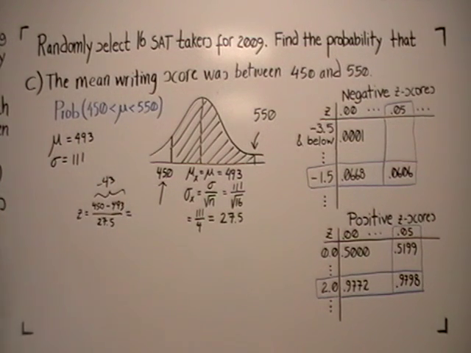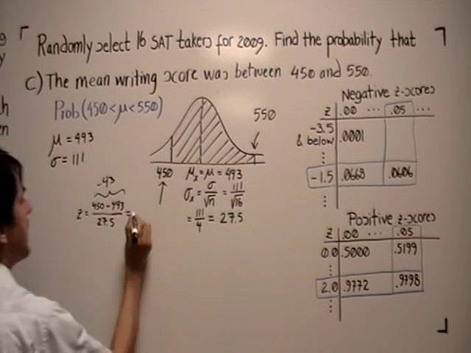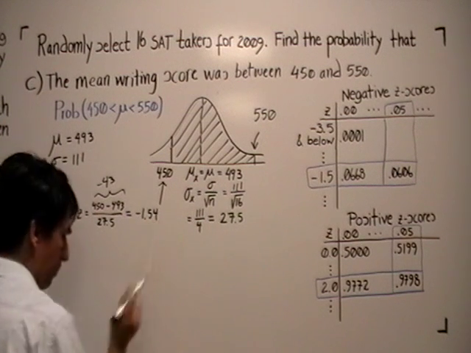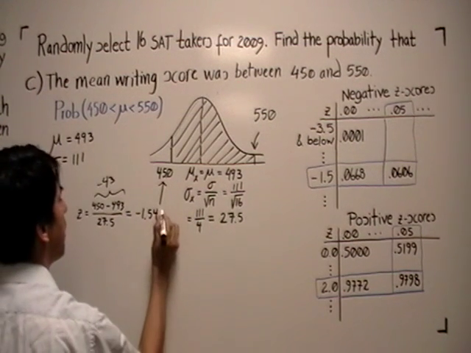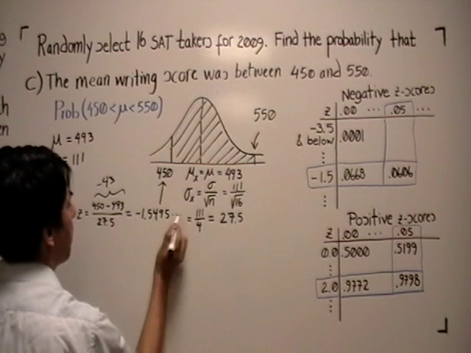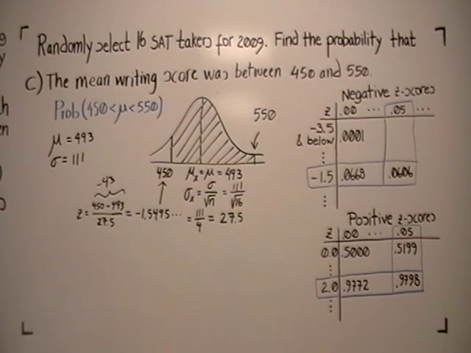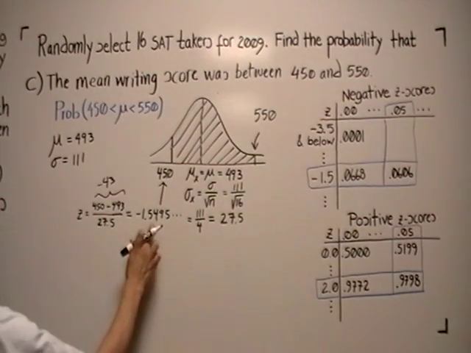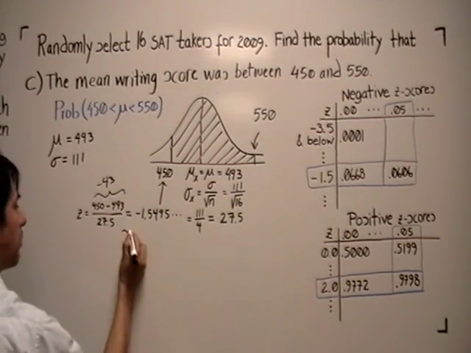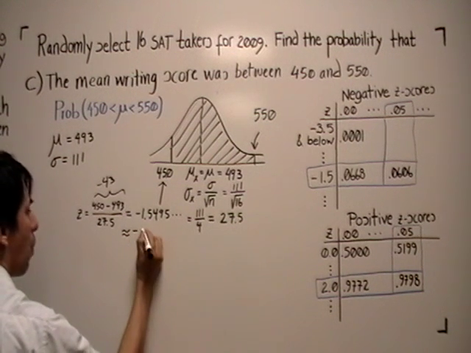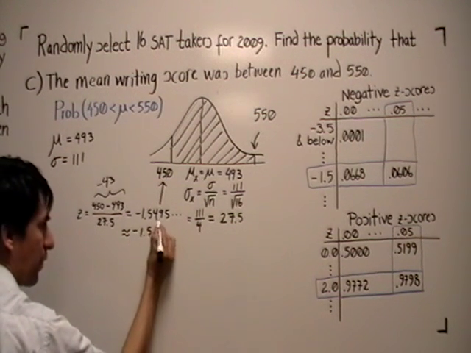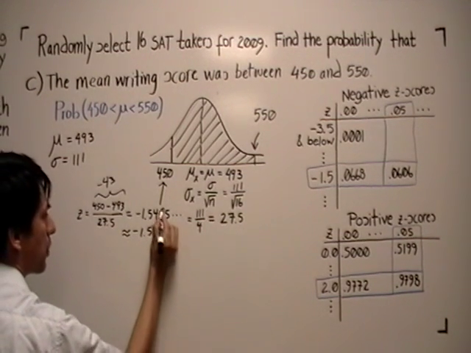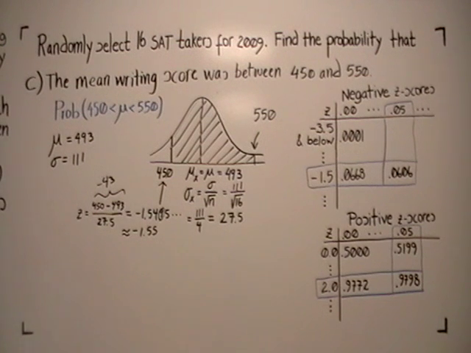So negative 43 over 27.5 is negative 1.5495, etc. Now this is a z-score. Since we're going to employ z-score tables, they are only up to the 100th place. So we're going to approximate this by negative 1.55. We round this off to the nearest 100th. So because this is a 9, this goes to negative 1.55.